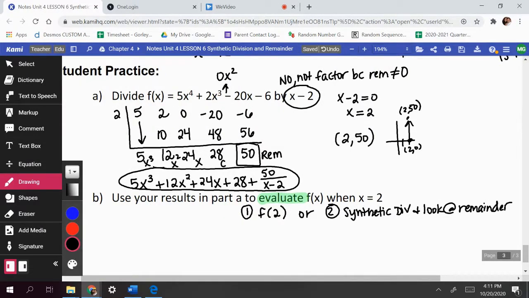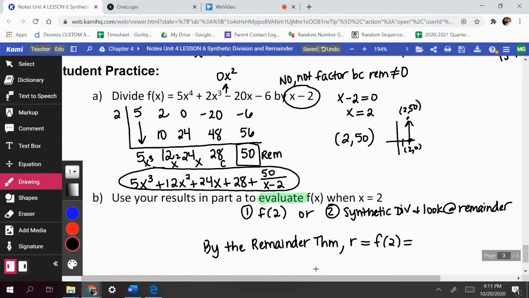Okay, so in this case, since I've already done the synthetic division when x, or my solution, was equal to 2, I can just look at my remainder, right? By the remainder theorem, my remainder should be equal to f of 2.